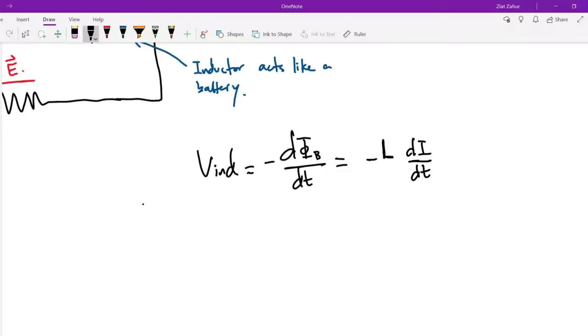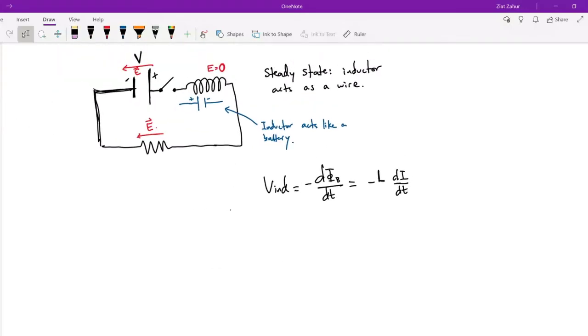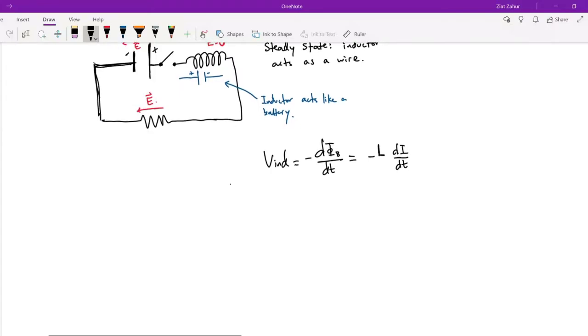Okay, so let's go in now, knowing this, and do a Kirchhoff's loop rule. Let's do a Kirchhoff's loop rule, starting with our battery V, and we'll go around this circle here. So let's do a loop rule.